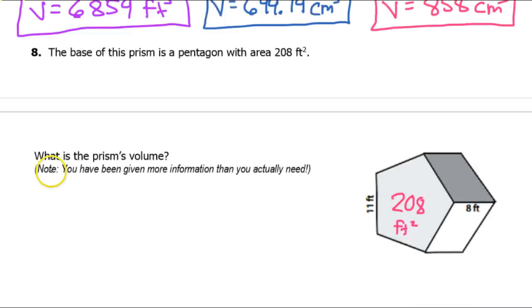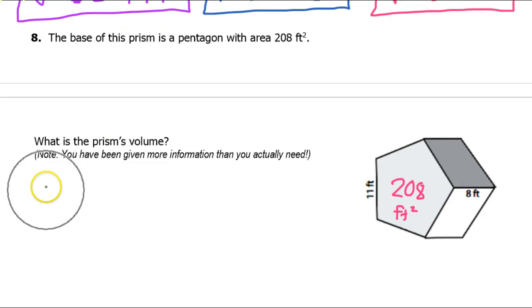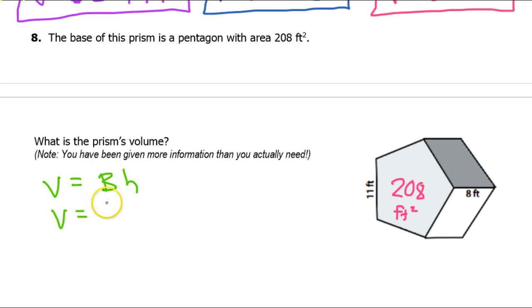So, I meant to switch colors. So the volume is the area of the base times the height. So the volume is going to be 208, all right, because that's the base, times 8, because the height is the distance between the bases, which is 8.